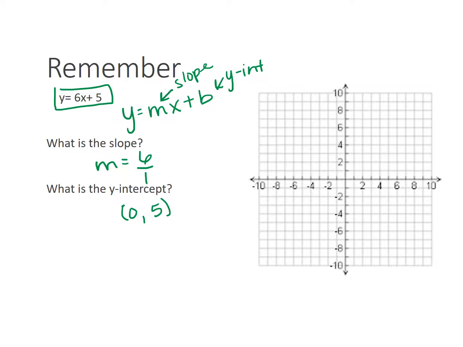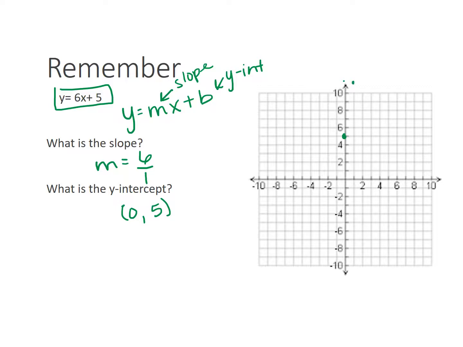So going to my graph over here, I'm going to go up 5, and I'm going to plot that first point at (0, 5). And now my slope is up 6 over 1. So I'm rising 6, so up 1, 2, 3, 4, 5. I'm going to go a little bit off the graph here. I'm going to go over 1.